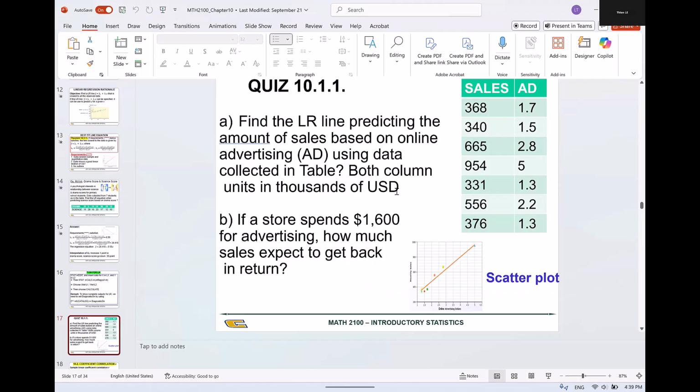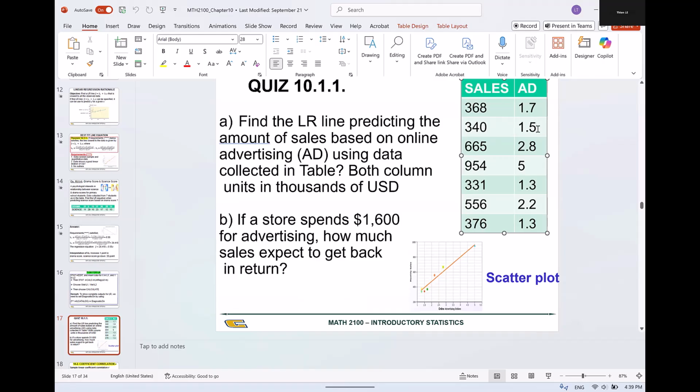Exactly. So in this quiz, we have the data in terms of $1,000. Basically, we have 1, 2, 3, 4, 5, 6, 7 data points, right? So this month the company spent 1.7 thousand, which is $1,700, and they got back $368,000.